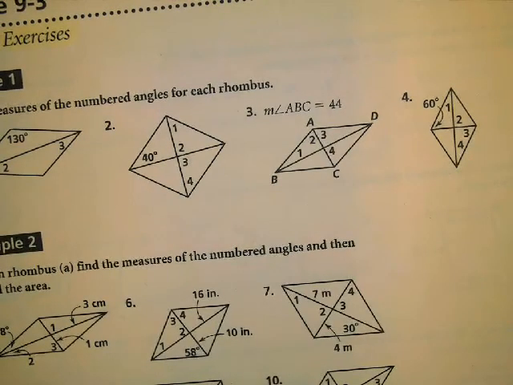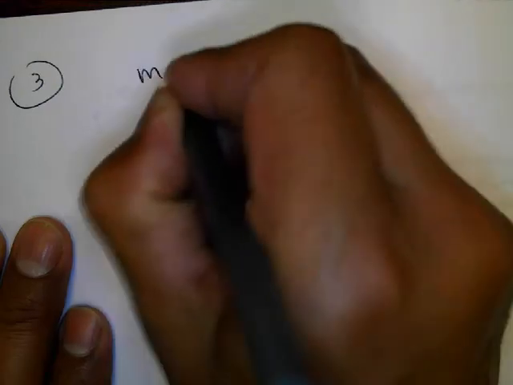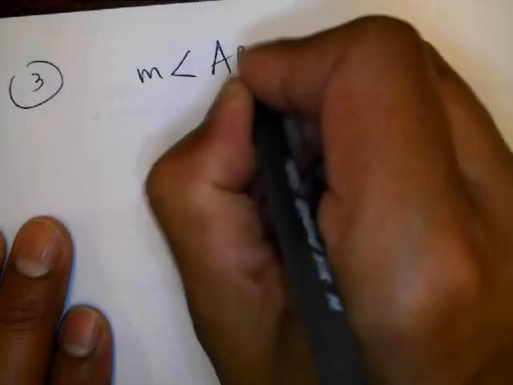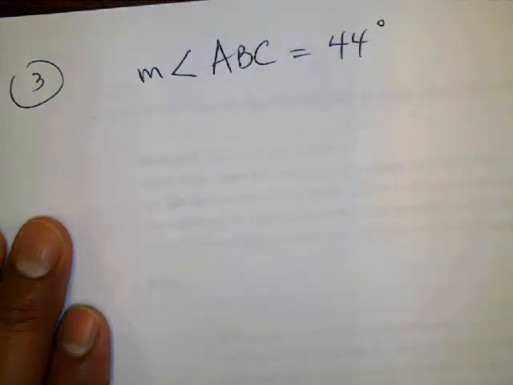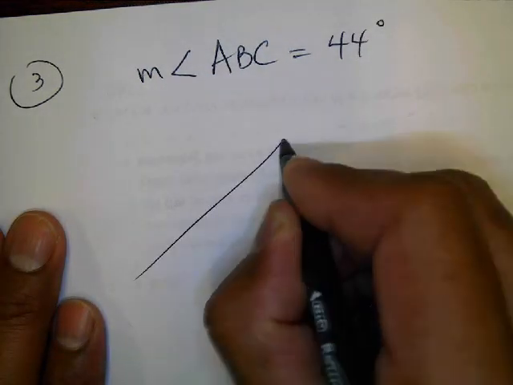Number 3 says something like, the measure of angle ABC is equal to 44 degrees. Okay, and I'll draw this a little bigger.